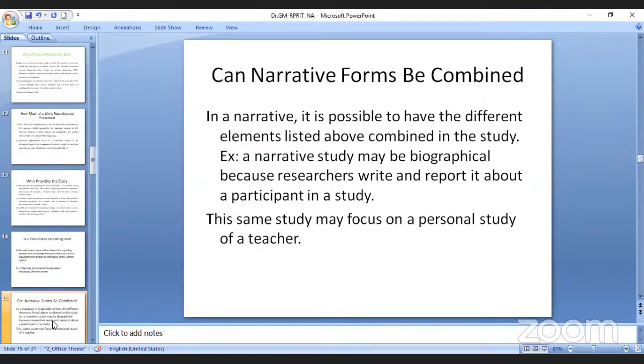It means the researcher writes about some person, the research report is about the other person. So a narrative study may be biographical because researchers write and report it about a participant in a study. That is biography. So this same study may focus on a personal study of a teacher.